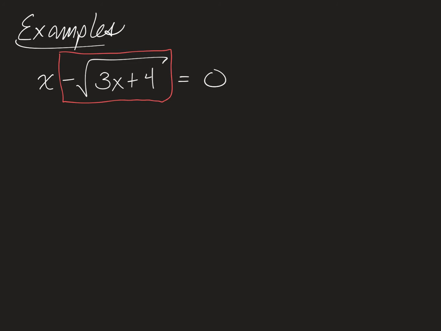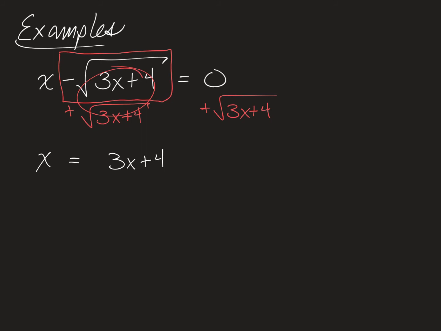So what I can do to fix that is add the radical to both sides, the square root of 3x plus 4. What that does is it eliminates it on the left side here, and we have x equals the square root of 3x plus 4. We've isolated the square root.